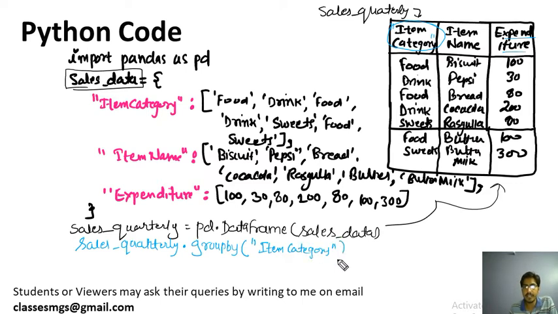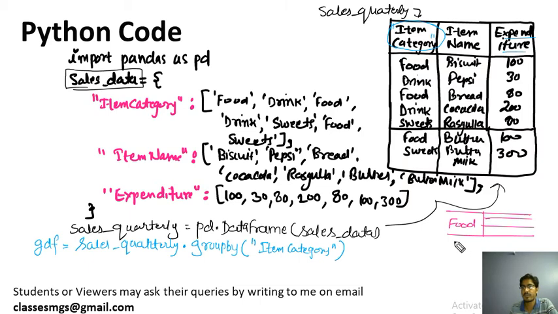This line will create a group. Let's suppose this is group GDF. This will create three groups. One group will have the category food, and it will have 3 rows because it has 3 items.